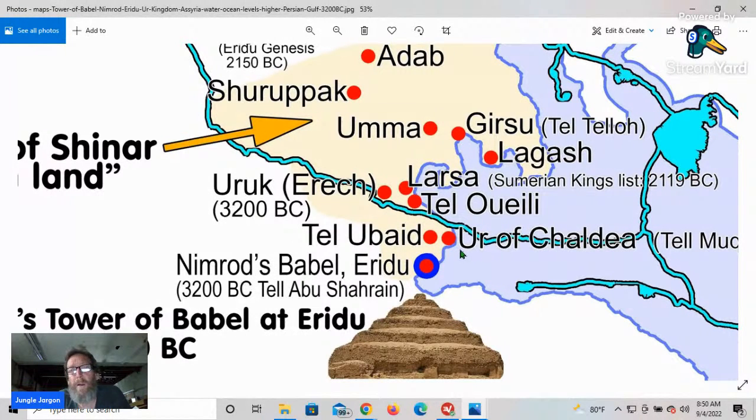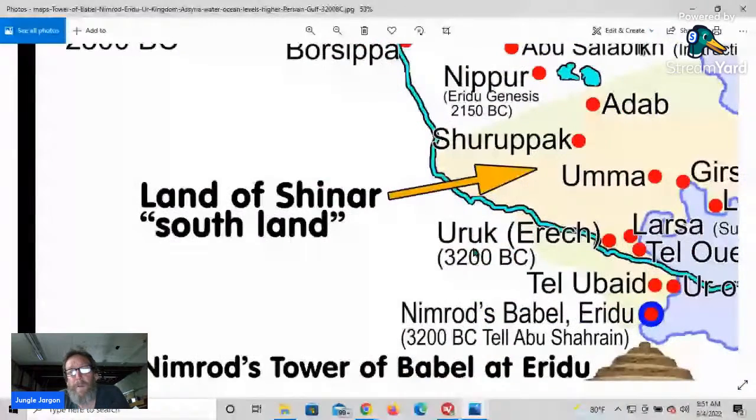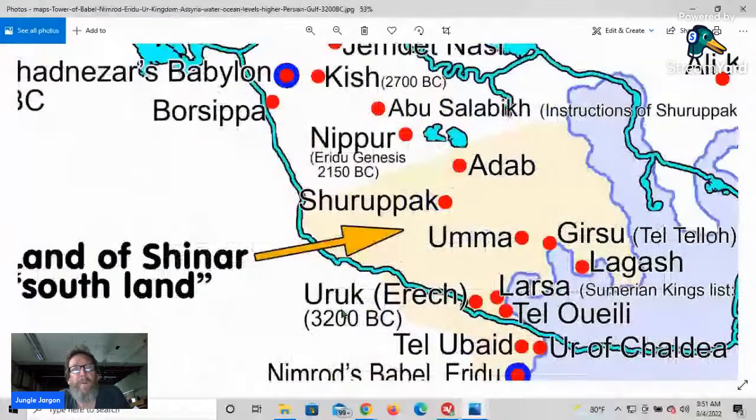Of course, Abraham came from Ur of the Chaldees. Abraham's father, of course, was Nimrod's official. And Abraham was told to get out of there and go to the land that God would show him. So that's what he did. So he left this place.